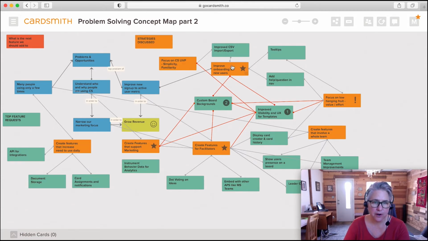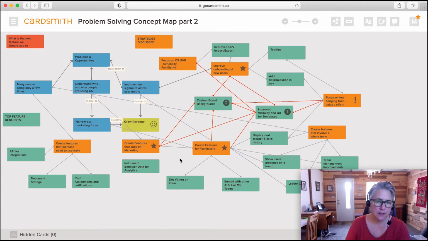We want to improve our onboarding of new users. That's directly related to the problem that we saw as the number one problem. And we also want to focus on our best users, which are facilitators or consultants doing facilitated sessions with remote teams.